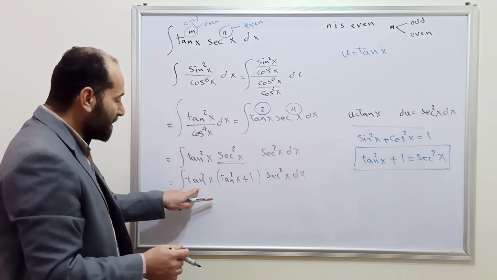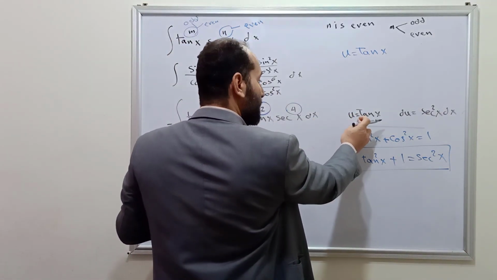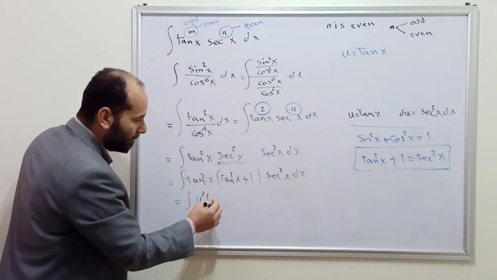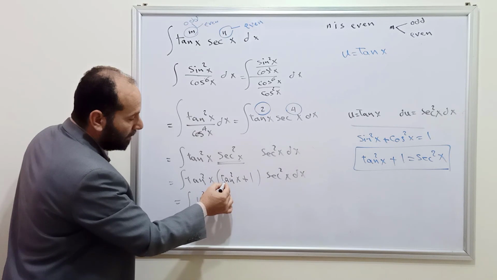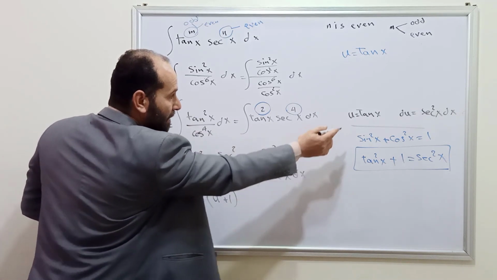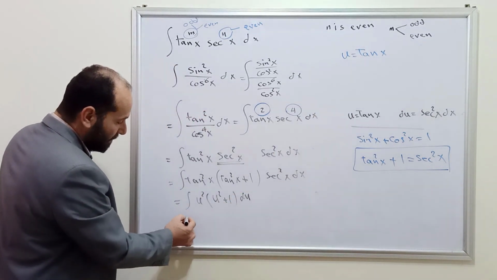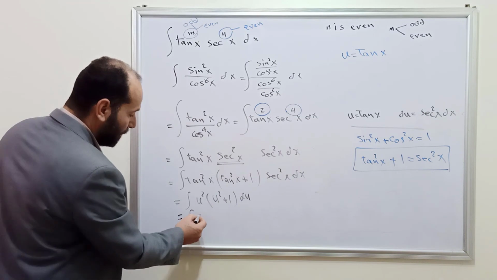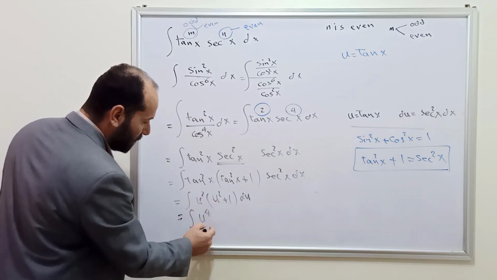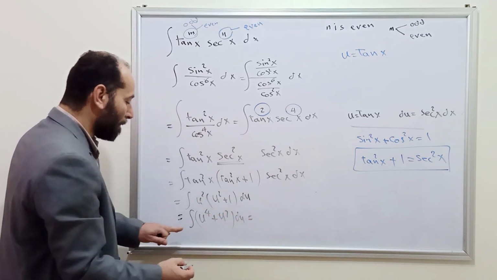We substitute u equals tan x, so tan squared equals u squared, and tan squared plus 1 becomes u squared plus 1, and sec squared x dx equals du. This integration equals the integral of u squared times u squared plus 1, which is u power 4 plus u squared, du.